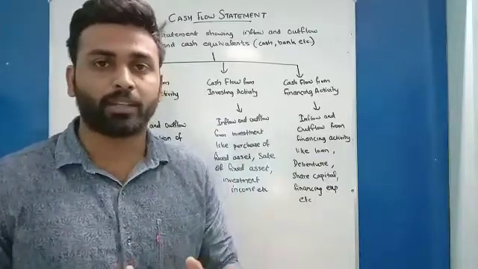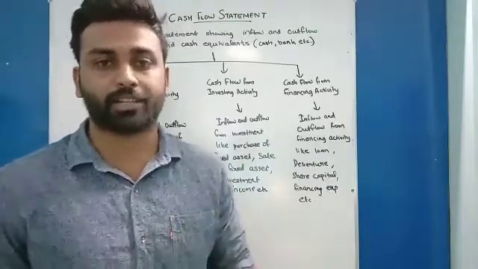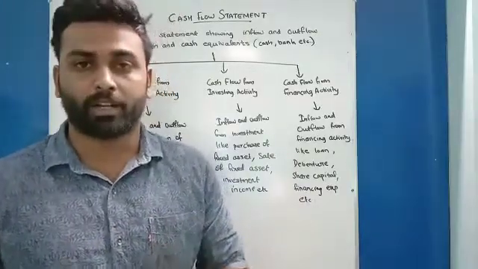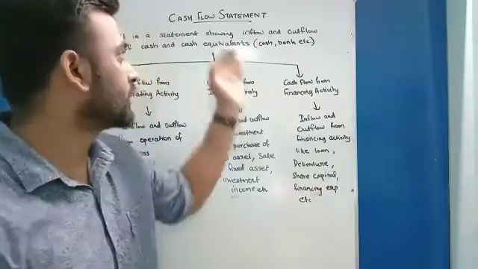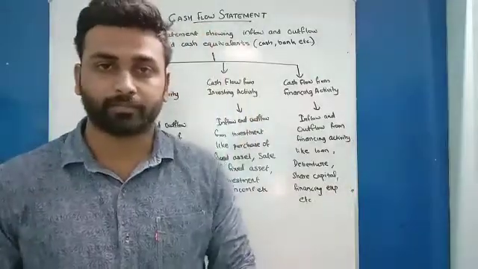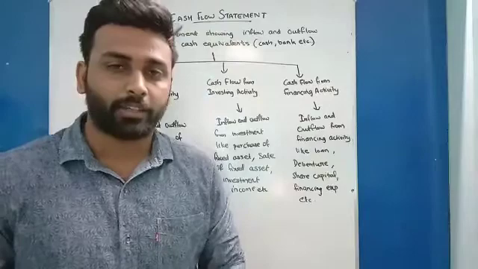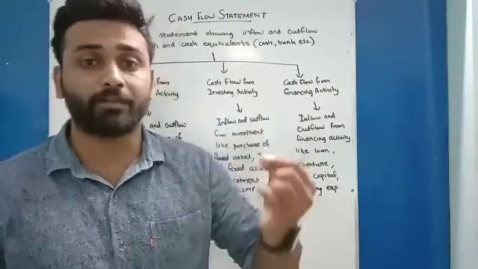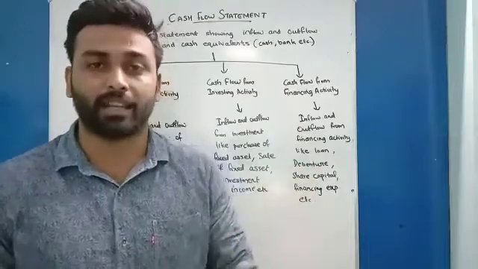Okay, so all the cash inflow transactions and the cash outflow transactions are recorded, are shown in a book called the cash flow statement. You can match this cash flow statement with the cash book that you have studied in class 11.